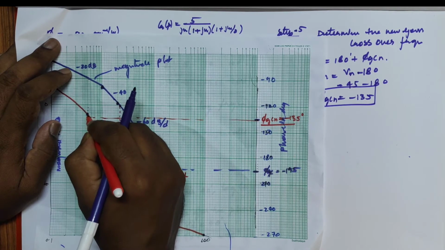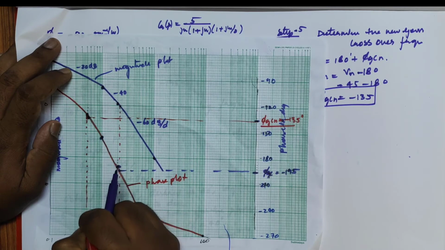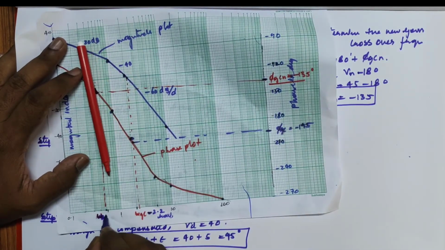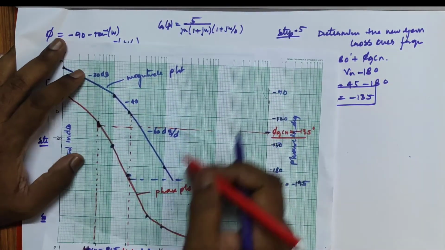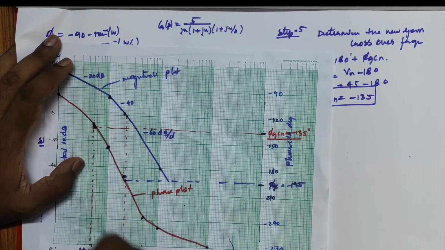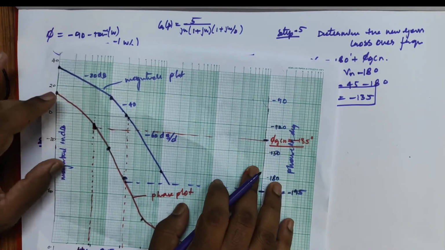So my new gain crossover frequency omega GC equal to 0.5 radians per second. So this is the old crossover frequency. For the designed lag compensator, the new gain crossover frequency is 0.5 radians per second. Now at this frequency, we have to find the magnitude which has to be attenuated by the lag compensator. That is the main thing.